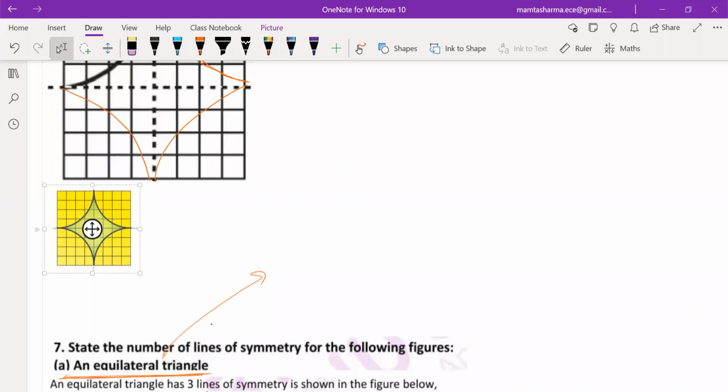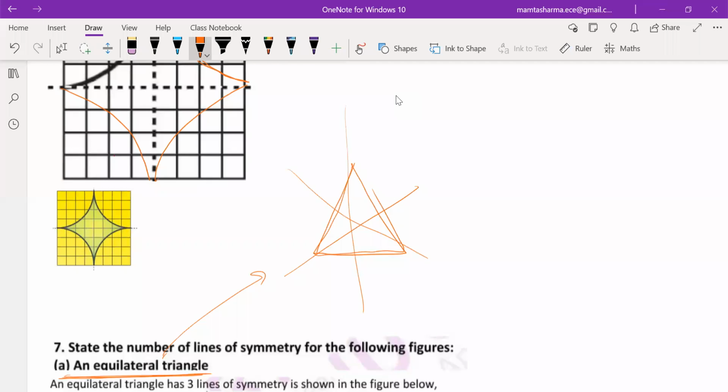I have told you many times. If you could count it, I have told you 100 times that in an equilateral triangle, 3 lines of symmetry would exist. 3.